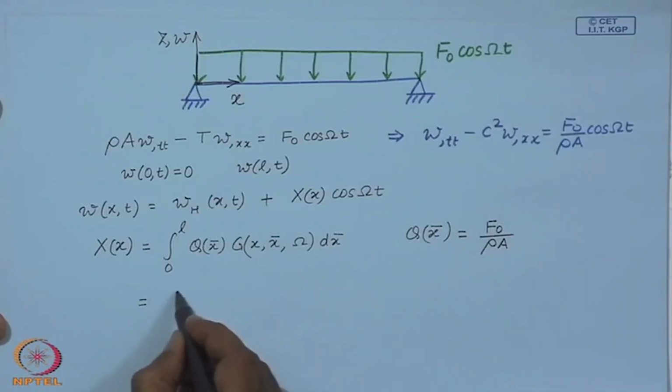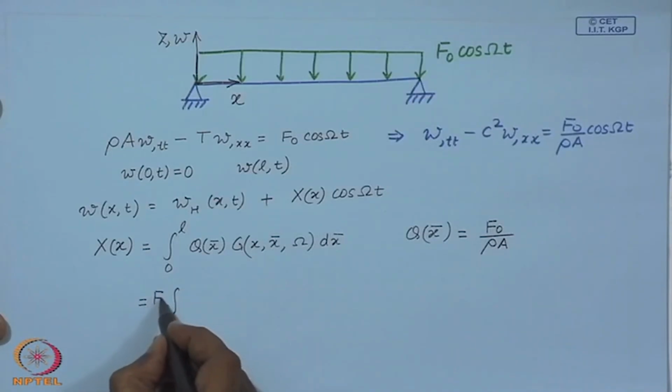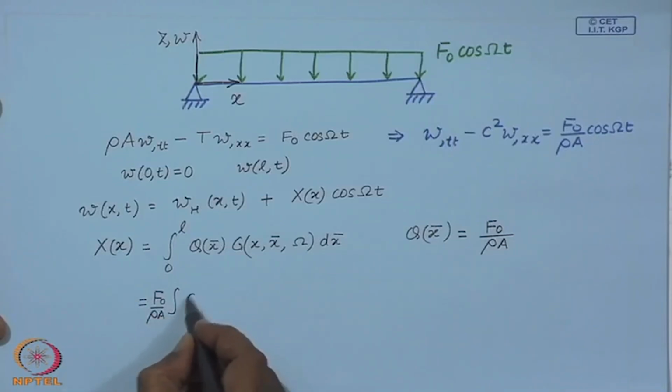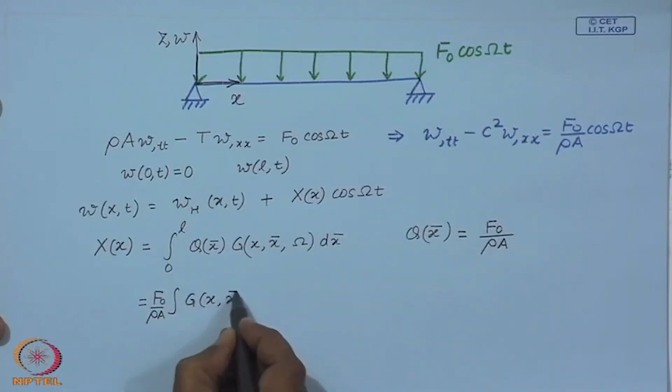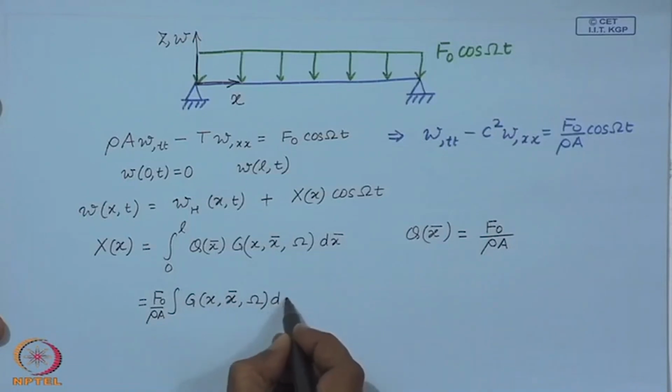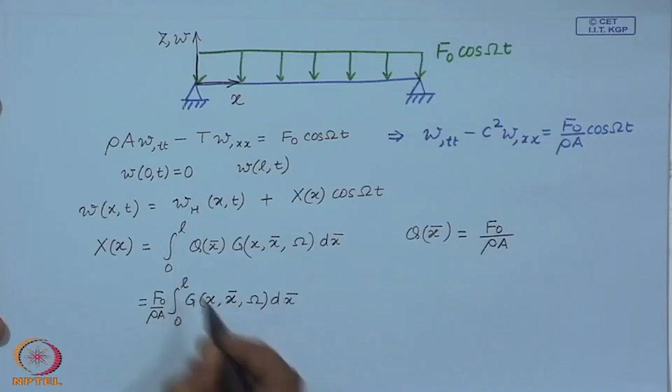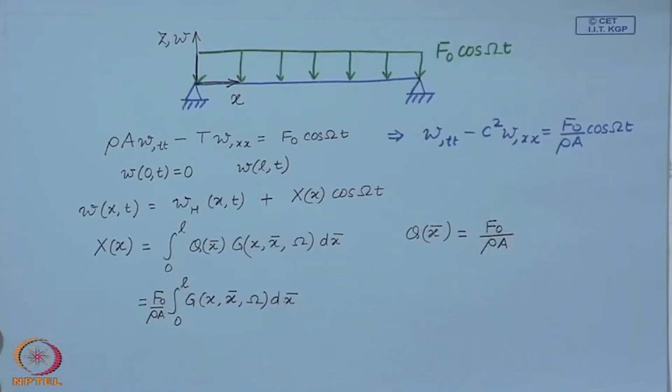So, we have to perform this integral of the Green's function from 0 to L. Now, remember that this Green's function is the response of the string when a concentrated harmonic force is applied at x equal to x bar. So, the response, or the amplitude at x, is given by this Green's function.